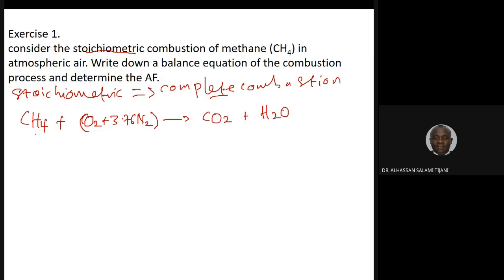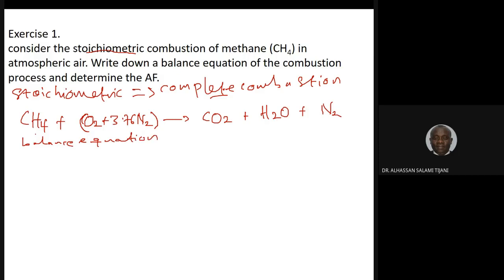And nitrogen only comes in and goes out, so we have plus nitrogen in the product. The next step is to balance the equation.